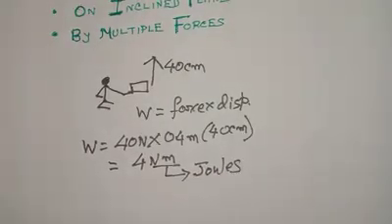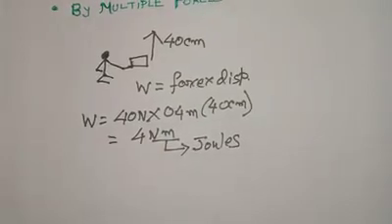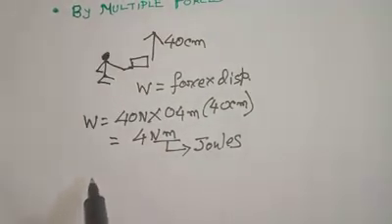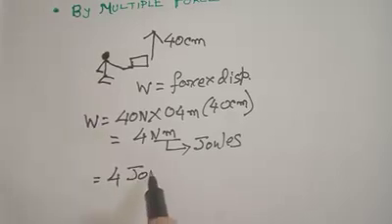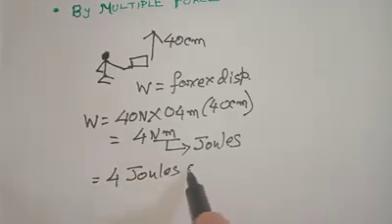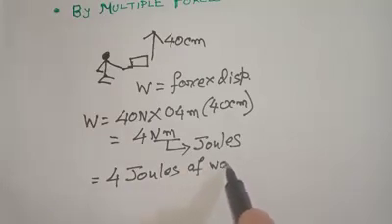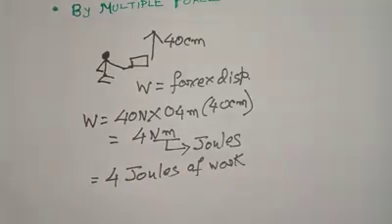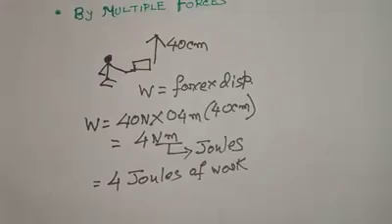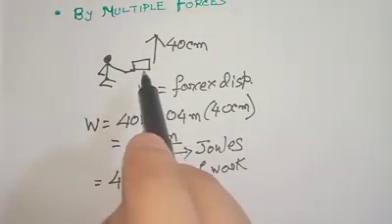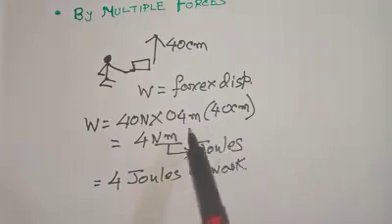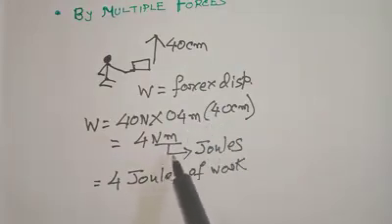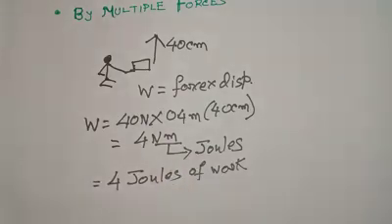So the work done which happens is 4 joules of work. This is the very basic idea, and we just started with the initial demonstration. Here is a person who has got a book in his hand, lifting to a height of 40 centimeters, which we convert to meters, and finally we get 4 Newton meters, which is 4 joules of work.